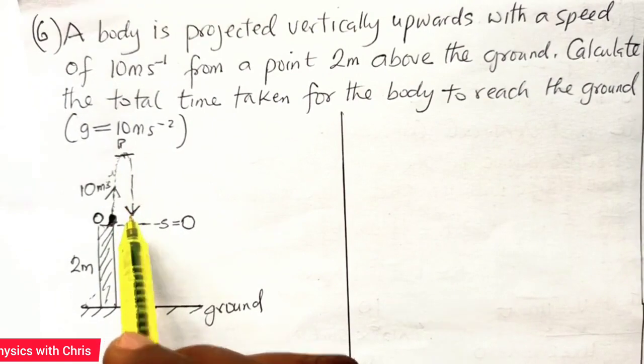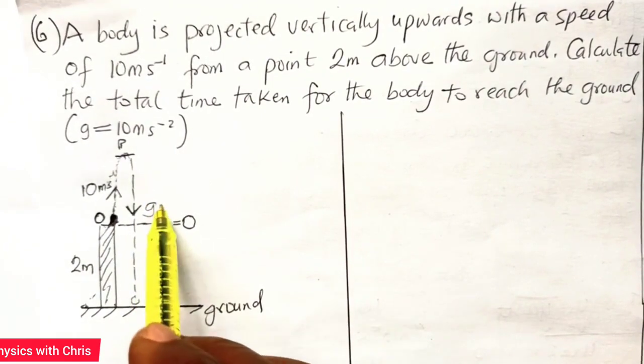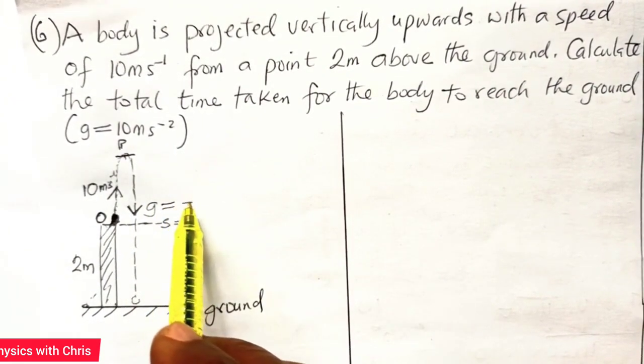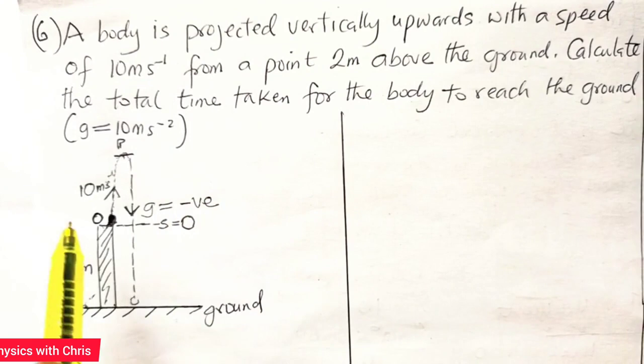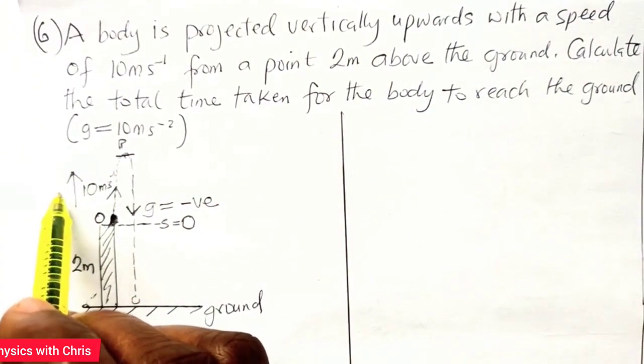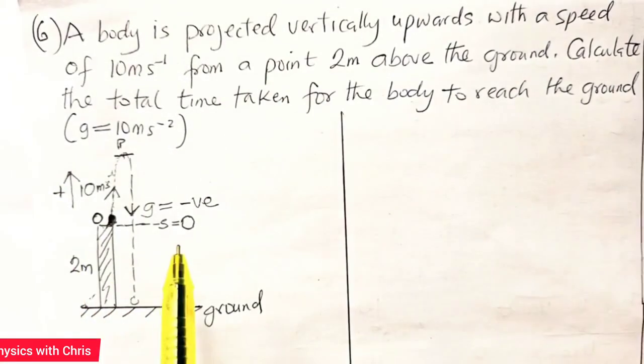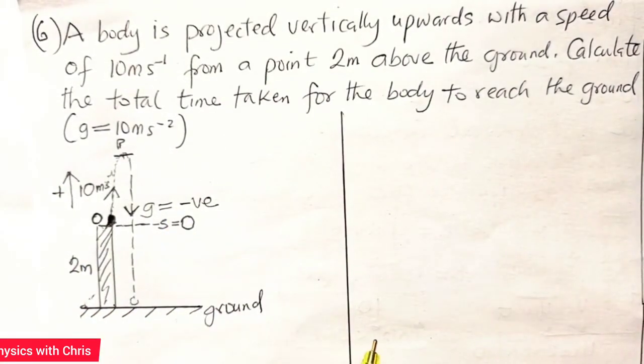And of course, we know that the acceleration of the body, which is equal to the acceleration due to gravity g, will be taken as negative, since I decide that the upward direction is positive. It means the acceleration due to gravity of the body will be negative.